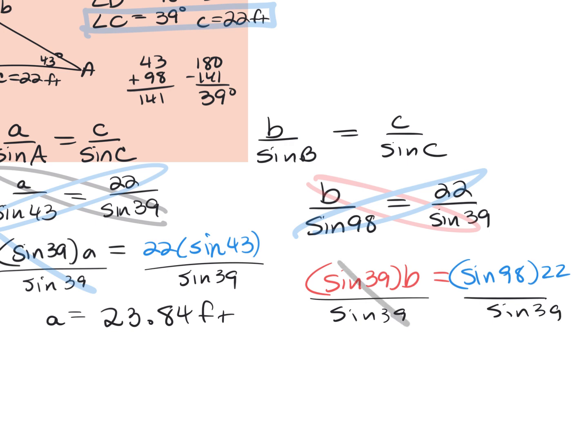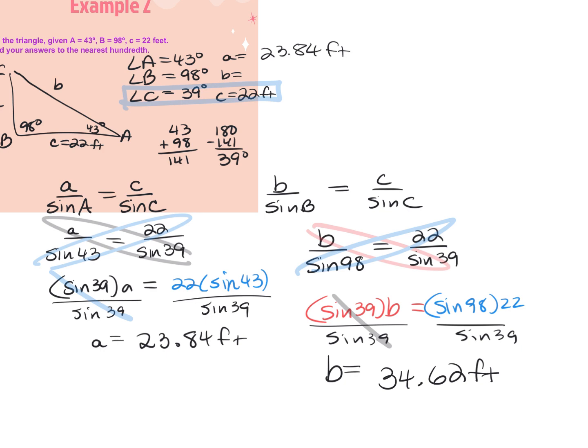And you get B is equal to 34.62 feet. And that's the last missing piece.